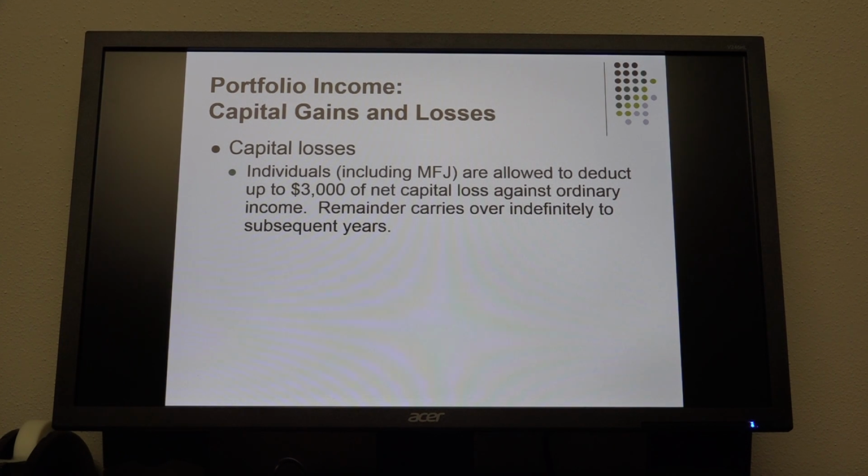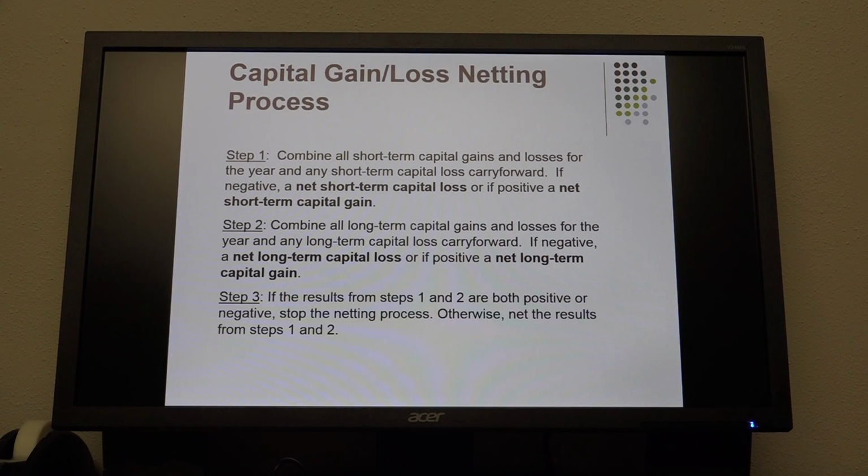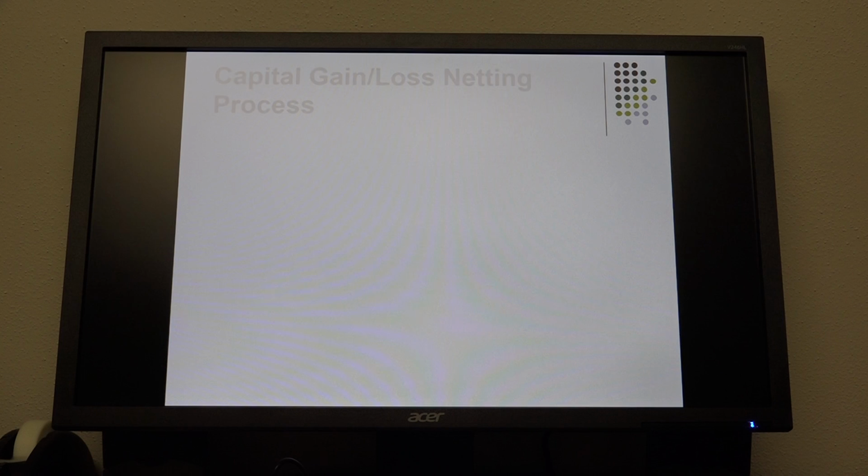The remainder carries over indefinitely to subsequent years. So that's a pretty good deal. And so we'll get into this netting process here in the next day or so. So I'm going to skip over this.